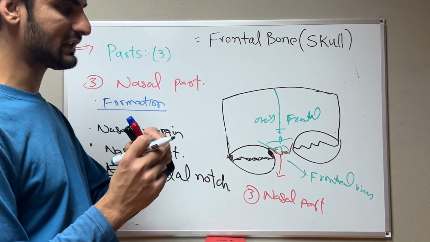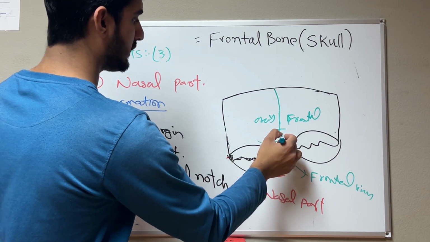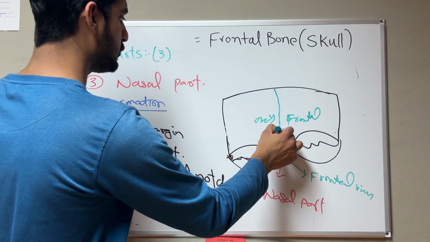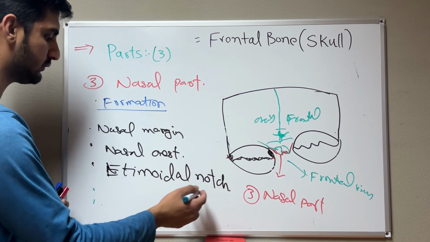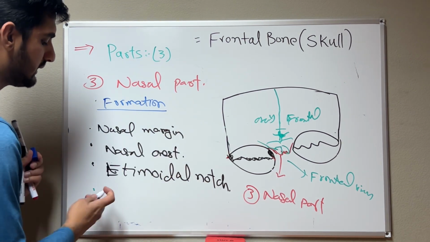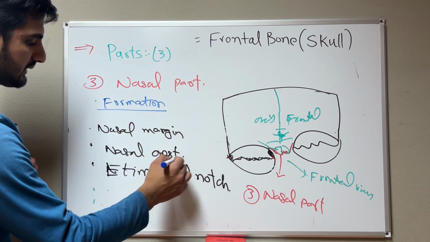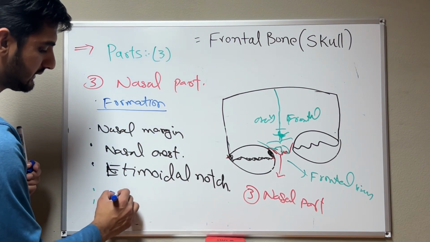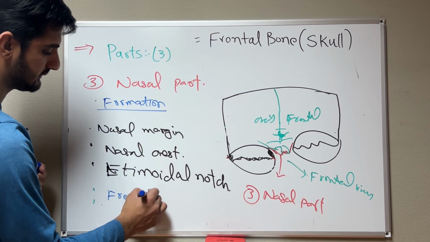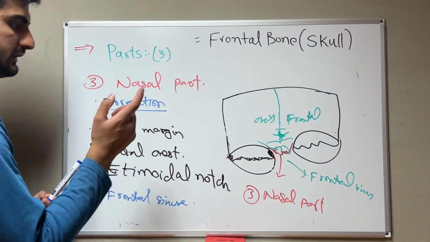Between the crista galli and the frontal crest we have the foramen cecum, and here is a U shape. This is called the ethmoidal notch, or incisura ethmoidalis. These are the four formations which we discussed in the nasal part: nasal margin, nasal crest, ethmoidal notch, and frontal sinuses.